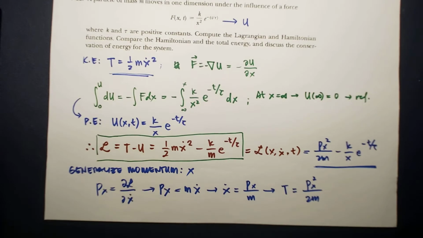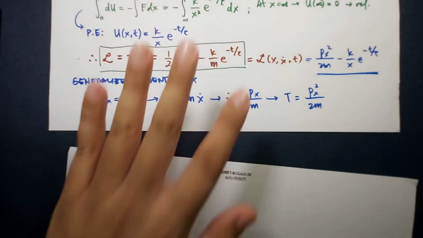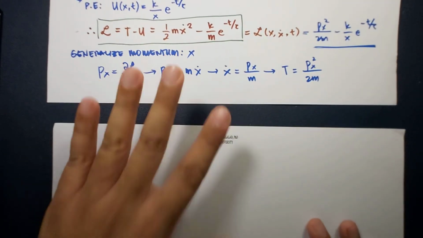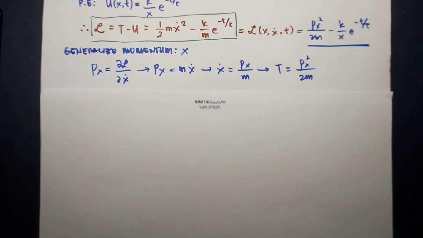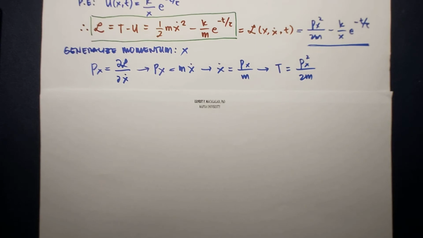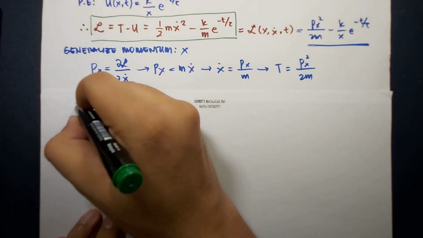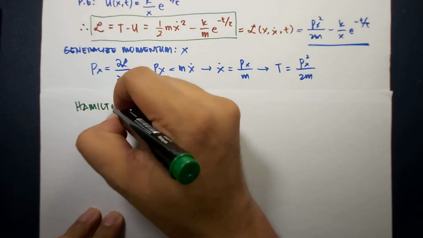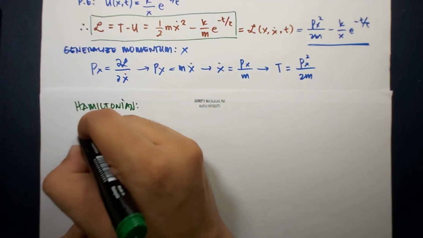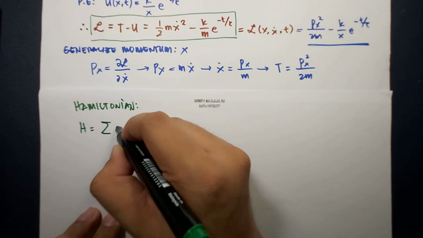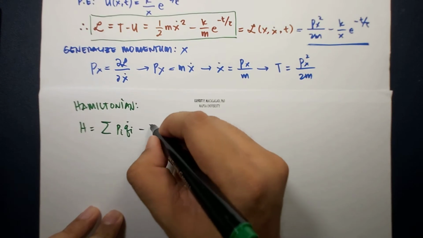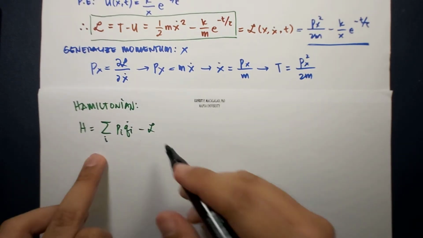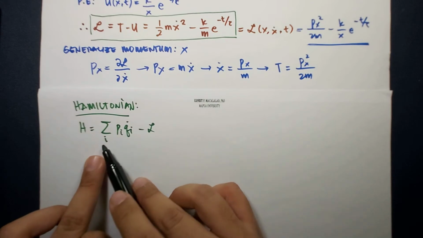Okay, so now let's compute the Hamiltonian. We know that the Hamiltonian will be equal to the sum of p_i q_i dot minus the Lagrangian for all i. In this case, we only have one coordinate, so i would be equal to 1.